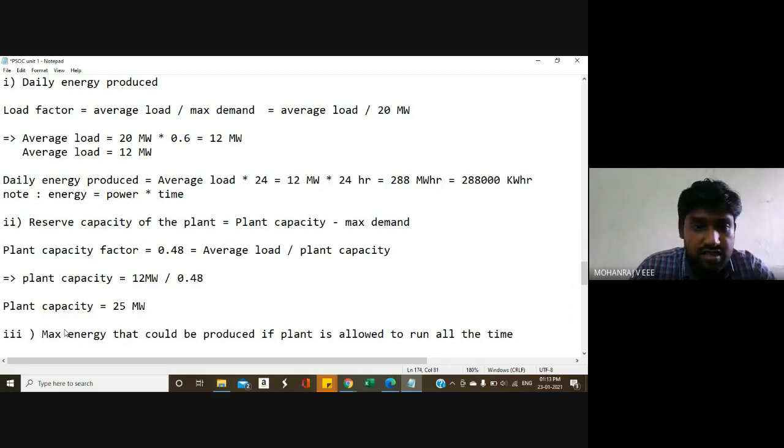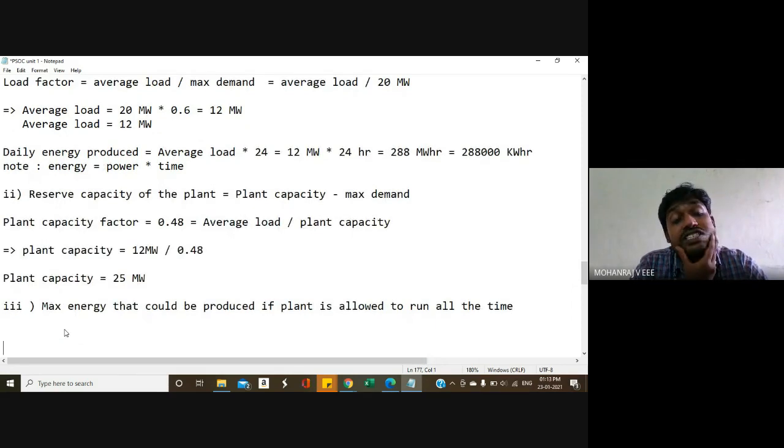Okay, fine. So they ask us to calculate energy. Energy is equal to power into time. We are going to calculate it for a day. It is daily, so here it is the daily maximum energy.